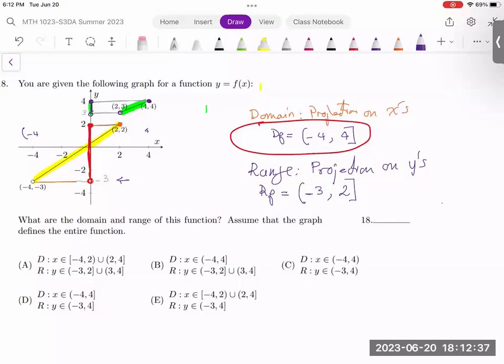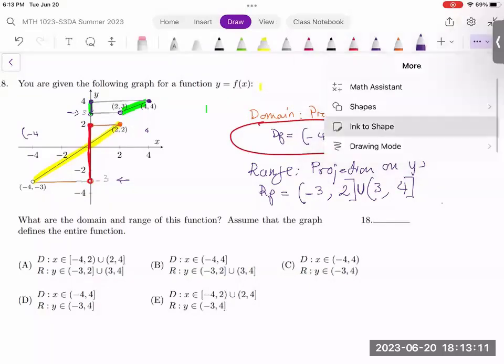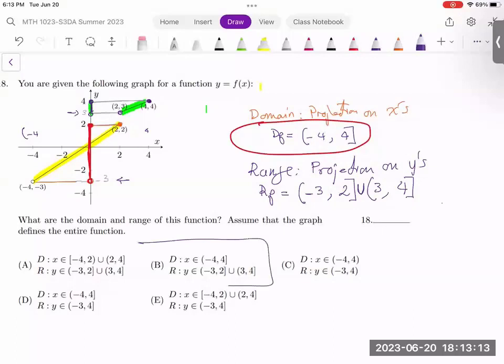And then you're going to start again at 3. 3 is open because it's circled there. And you're going to end at 4. 4 is closed. And to connect them, you put the union sign between them. And that's basically it. That's your range. All right, so your correct answer is going to be B. And you are set.